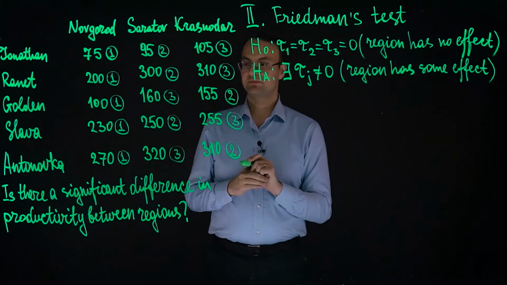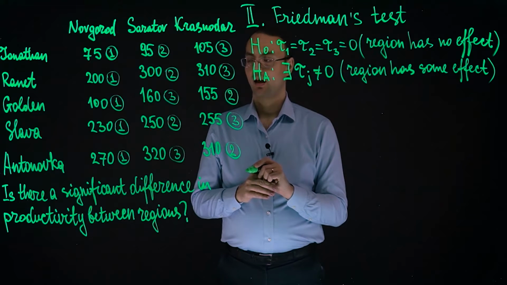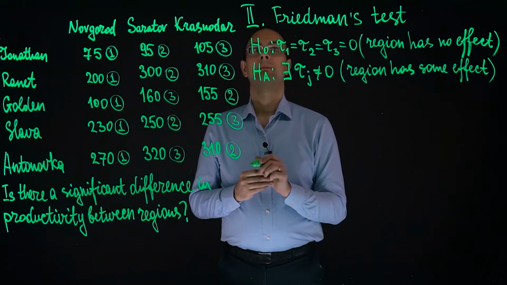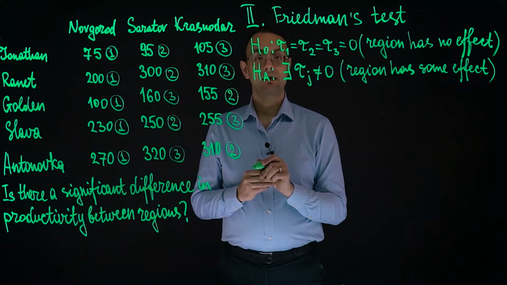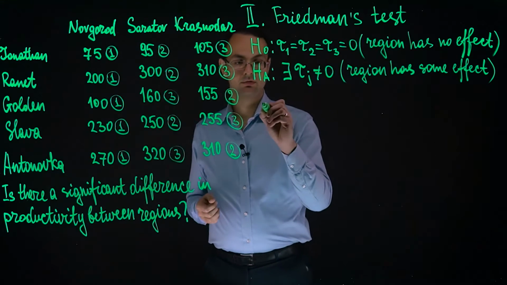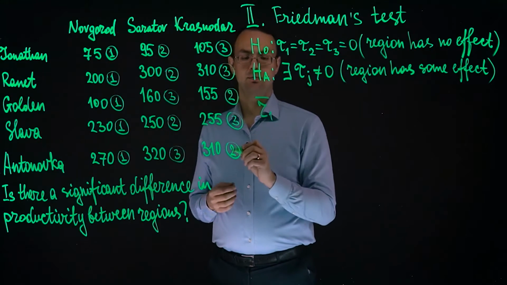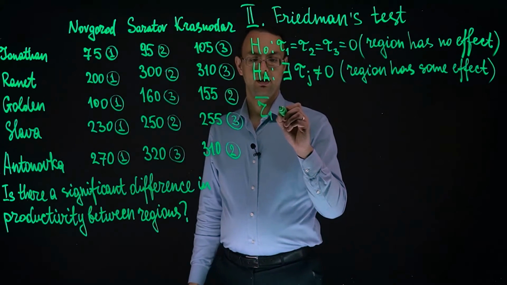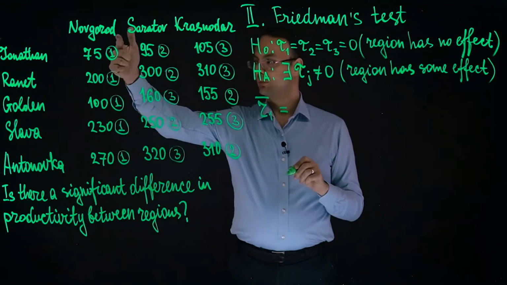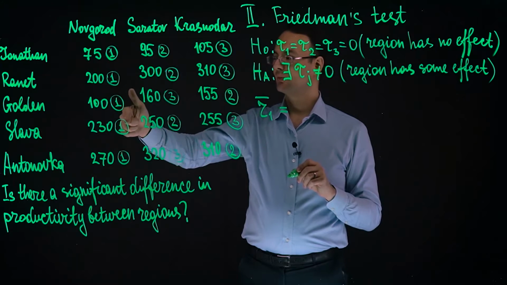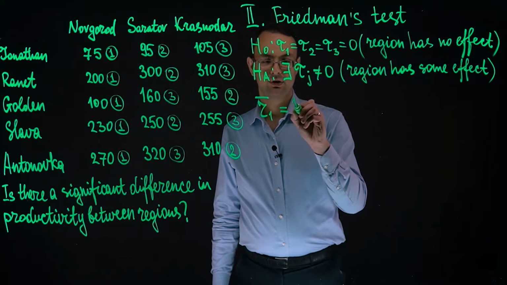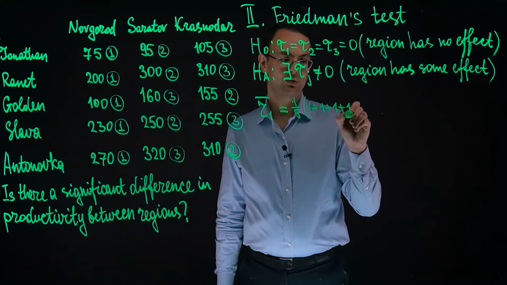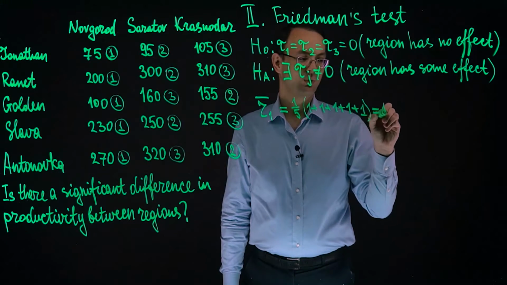Okay, now we are to find mean ranks for each column. So R bar 1 is, we have only ones here, 1 plus 1 plus 1 plus 1 plus 1 divided by 5, so 1 over 5, that is 1.